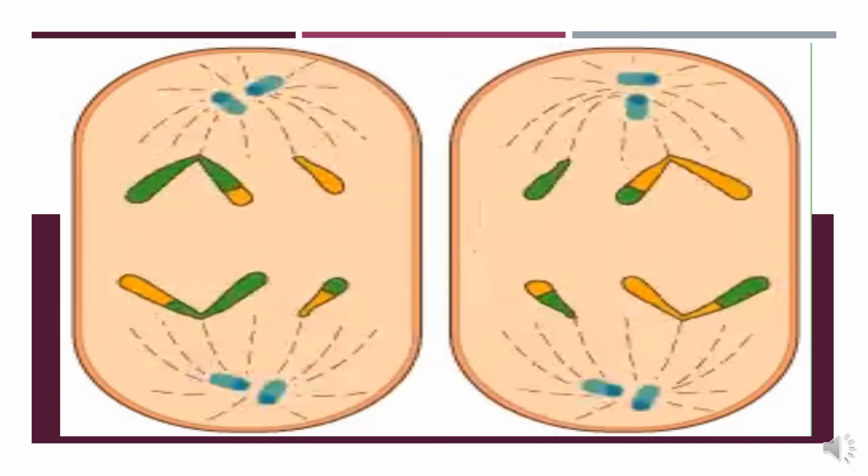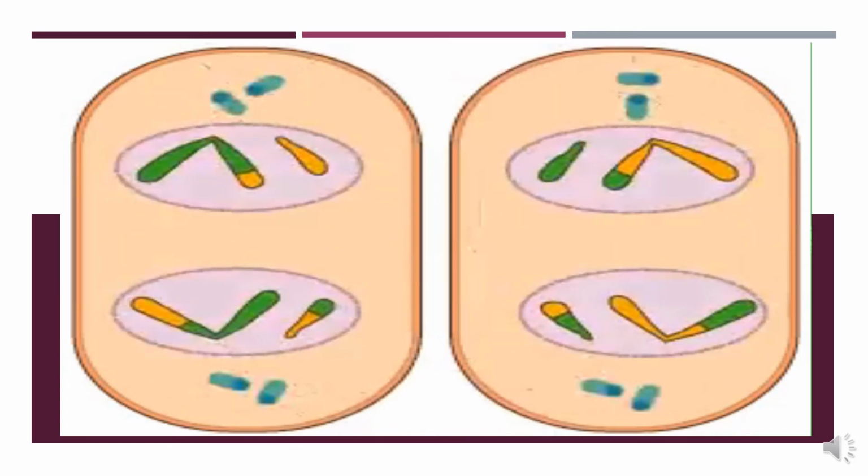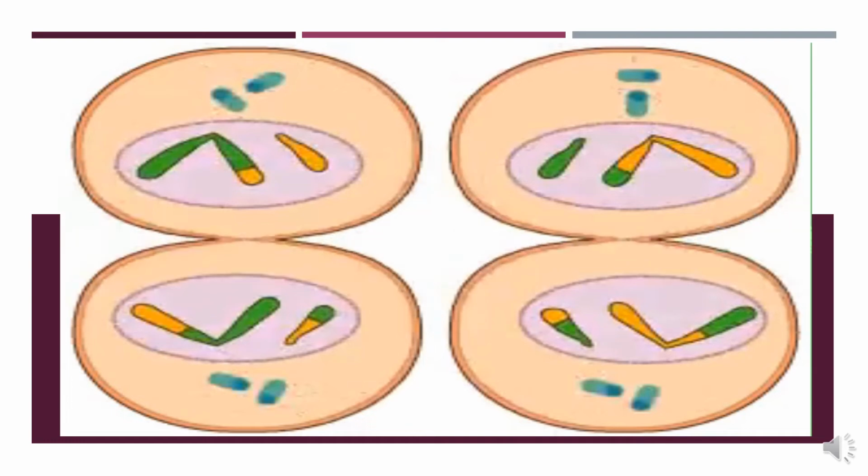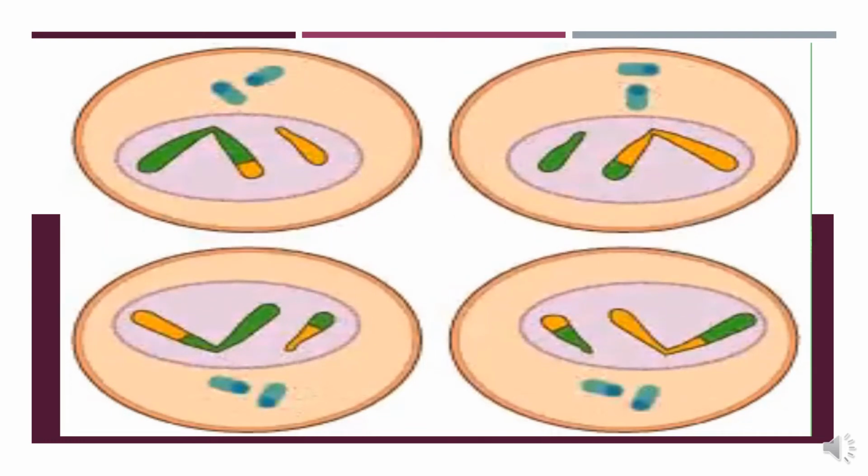But now the second division takes place in which these DNA strands get separated, and now you can see four cells are formed in which the number of chromosomes is exactly half that of the parent cell. So these cells are now called haploid cells, in which the number of chromosomes is half of the number present in the parent cell.